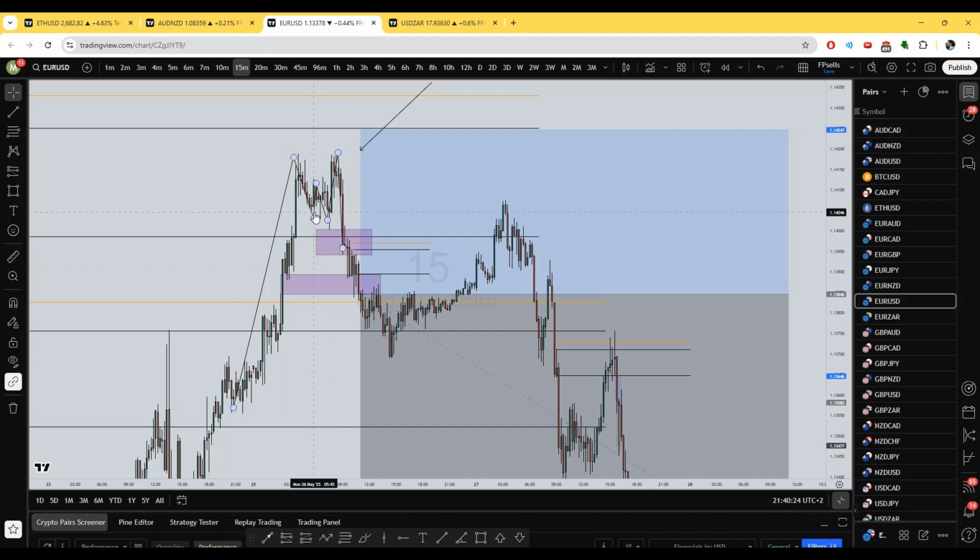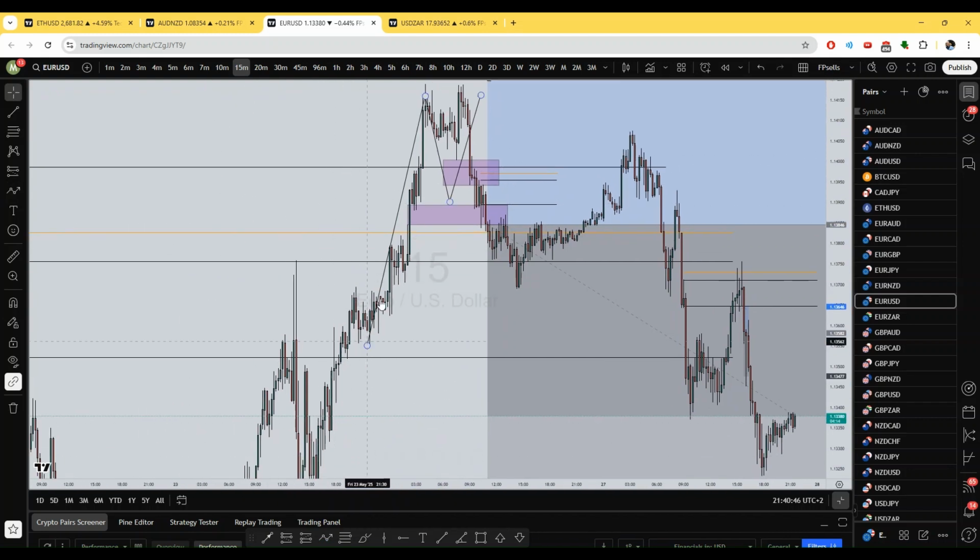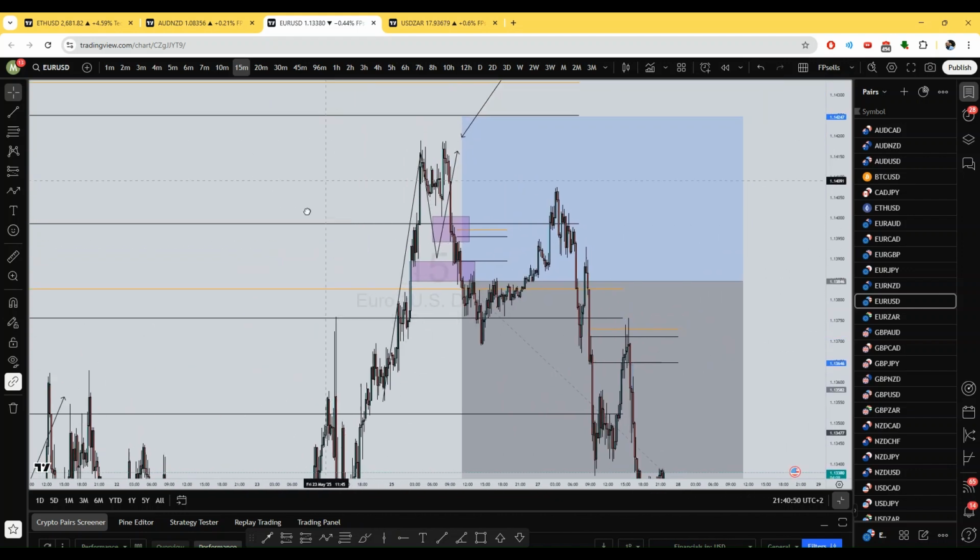Because of this strong push to the downside, I had to wait for a breakdown here so that I'm sure that the market is changing character, because otherwise I would have gotten something like this, a retest of this zone and a continuation to the upside, because it was a very strong uptrend on the 15-minute time frame.